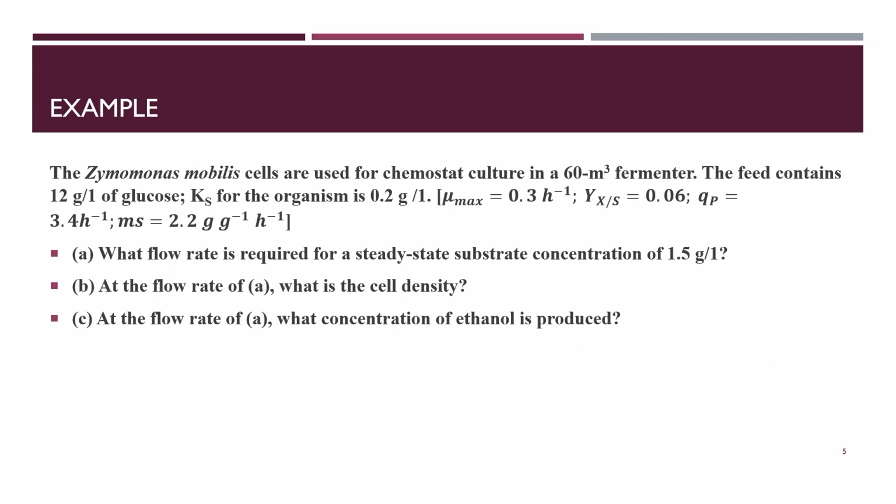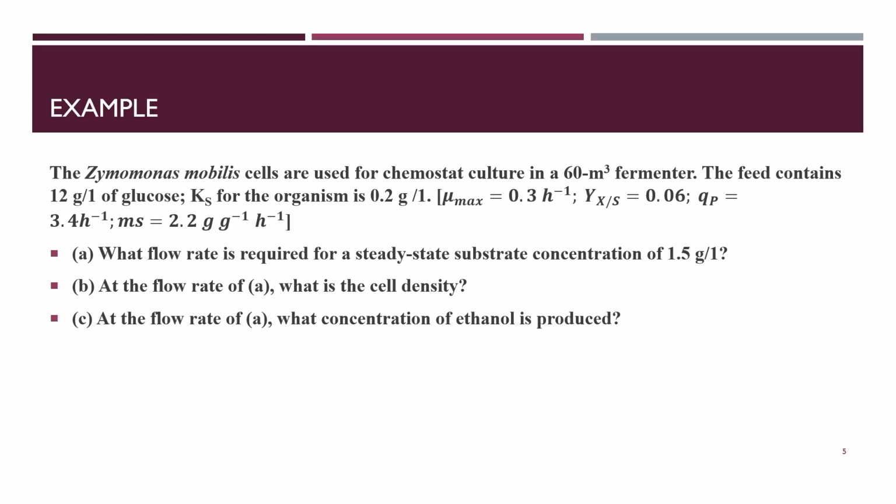Before we proceed, if you remember, in the last lecture we were discussing CSTR with free cells. We will see a couple of examples here. The first one: Zymomonas mobilis cells are used for chemostat culture in a 60 meter cube fermenter. So, volume is 60 meter cube. The feed contains 12 gram per liter of glucose.